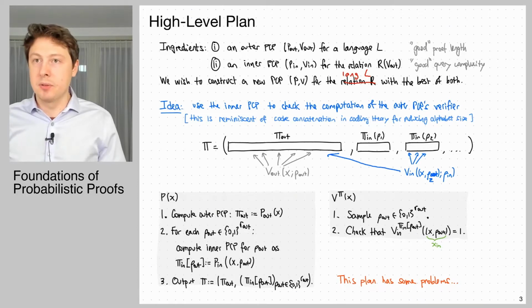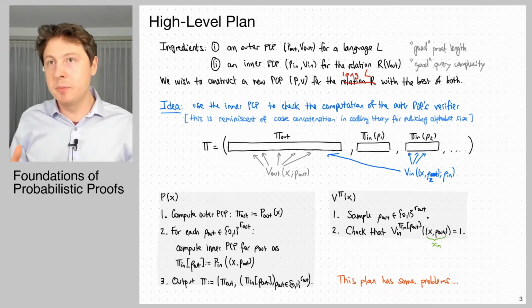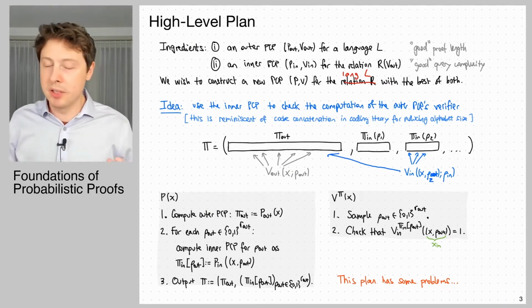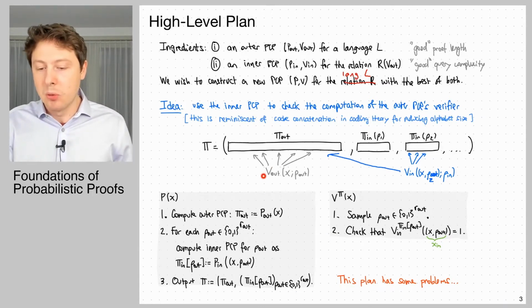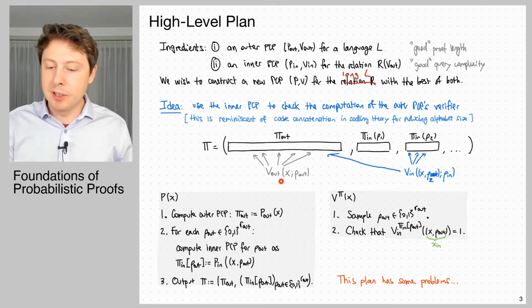Could you repeat once why the inner PCP having long proof length doesn't matter here? Well, it's not that it doesn't matter. It is being mitigated by the fact that we are not invoking the inner PCP to solve the original hard problem about L. We are invoking it merely to help us check the computation of the outer verifier.